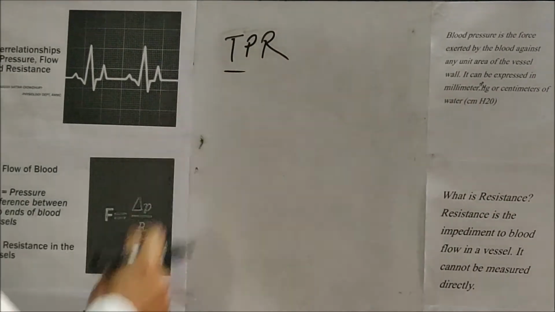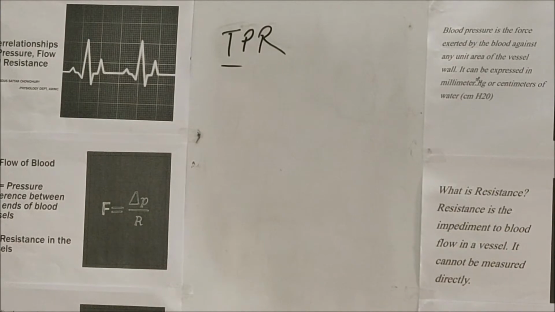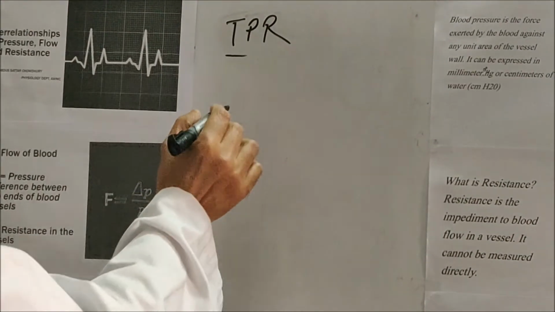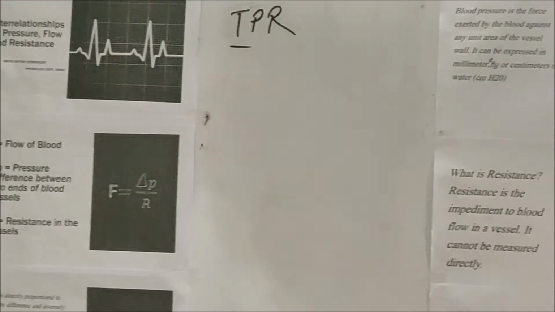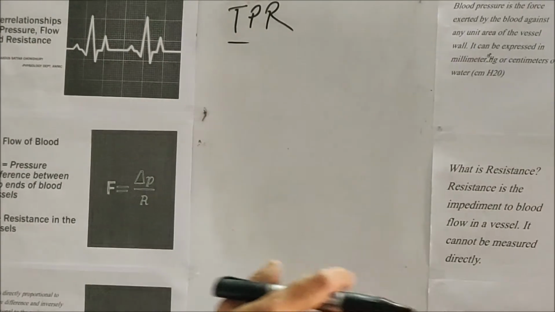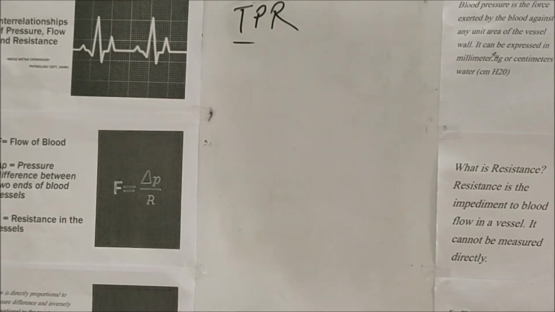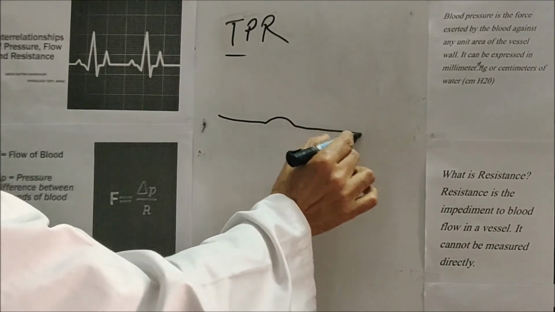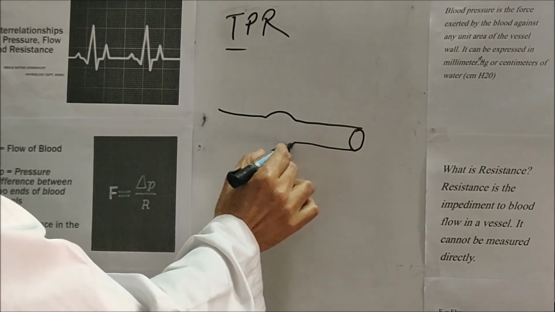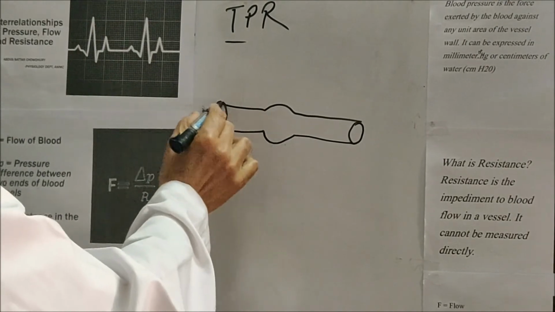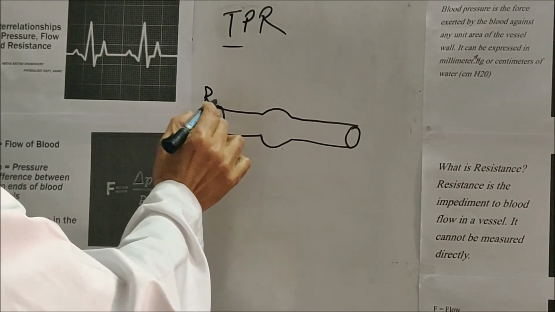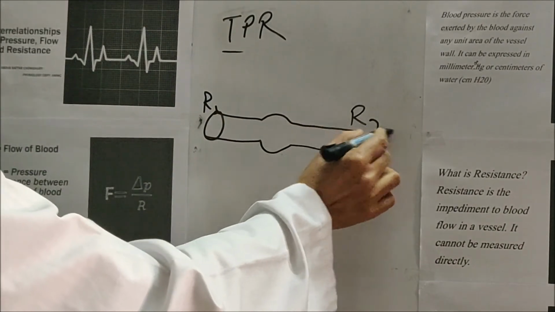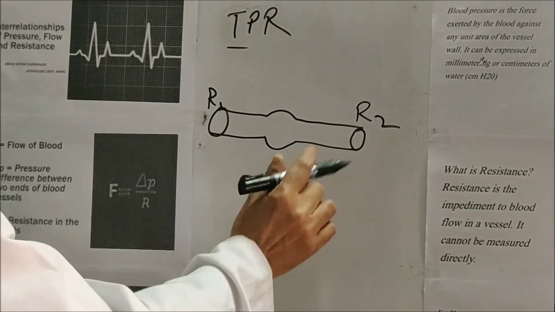Now, what is total peripheral resistance? Suppose the resistance is offered by series of blood vessels and by parallel blood vessels. Series of blood vessels is R1, R2. This is the series of blood vessels.